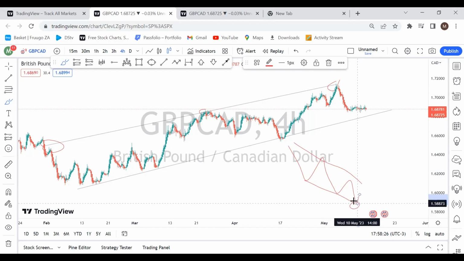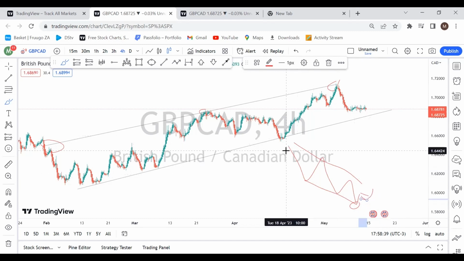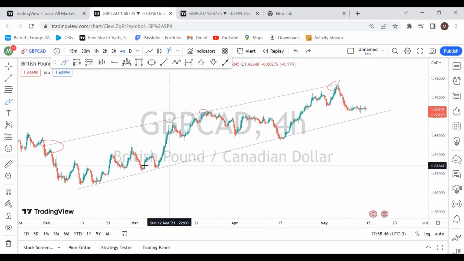So once a rejection happens right there to the upside, what we're anticipating is the correction that's gonna follow, right? So it's the same concept, whether it's a descending structure or ascending structure, and what I mean by that is whether it's a bullish structure or a bearish structure.